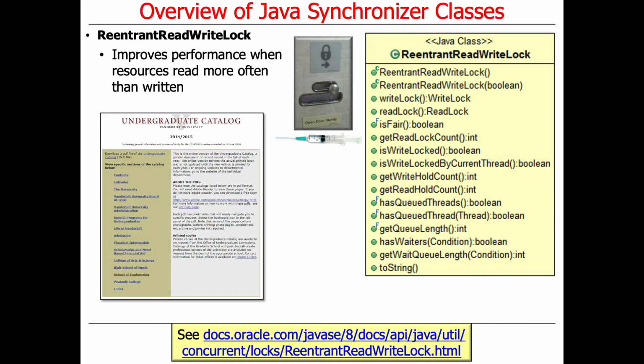A good example would be the undergrad catalog at Vanderbilt, which changes once a year. So it's read a lot by people who want to see what the catalog is, but it's very rarely written to, in other words, updated once a year. A reentrant read-write lock allows multiple threads to read from the resource concurrently.